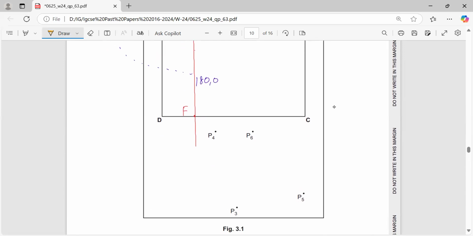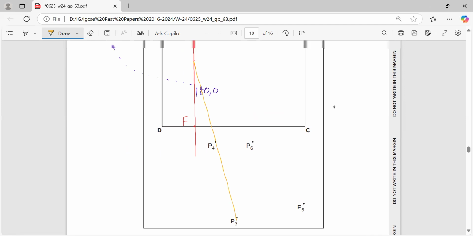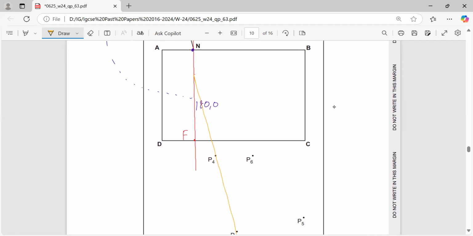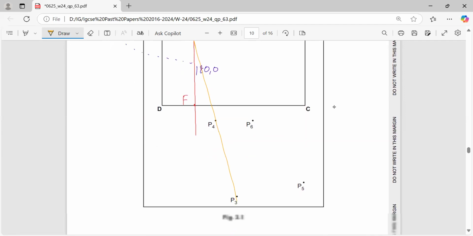Now NF, this way we need to go. I have drawn it roughly because I'm doing it on screen. So we extend it till it crosses NF. So it has reached NF.